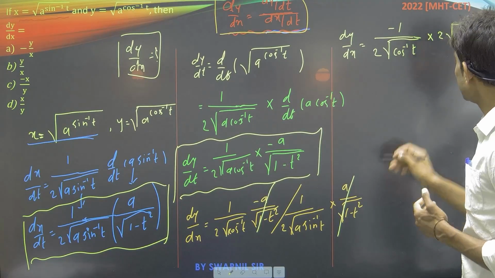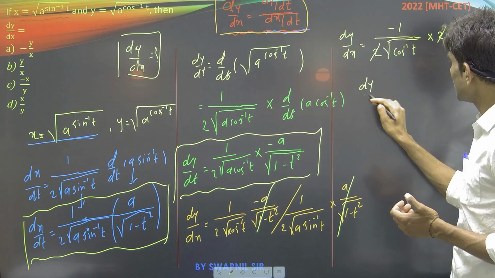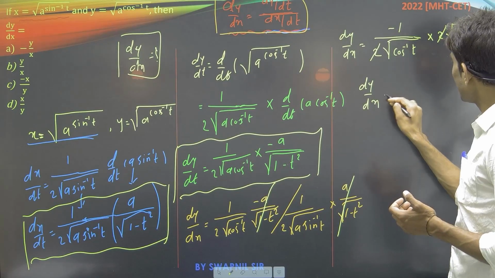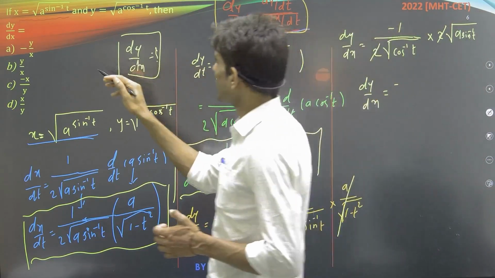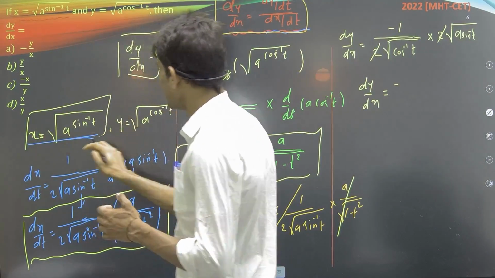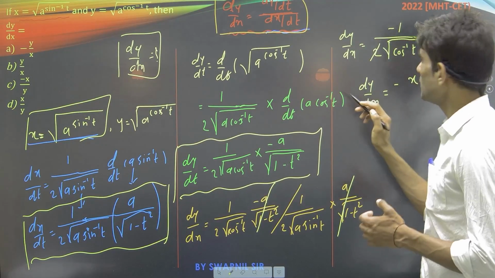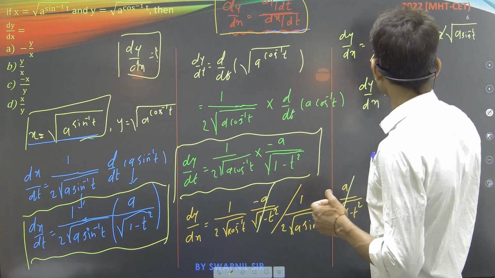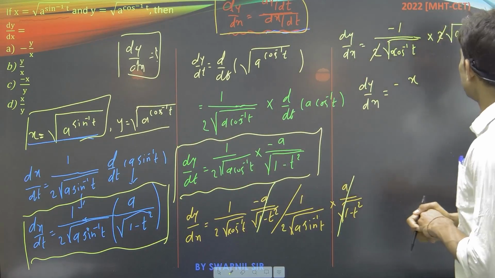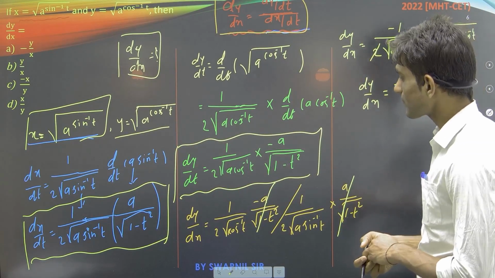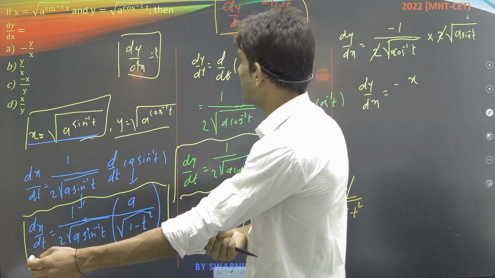Now see that the 2 cancels with this one. So the term left in dy by dx is negative of, now see that a sine inverse of t has the value x, reverted back. So minus of x, and a cos inverse of t, which has the value y here. So it is a to the power sine inverse of t in the result.